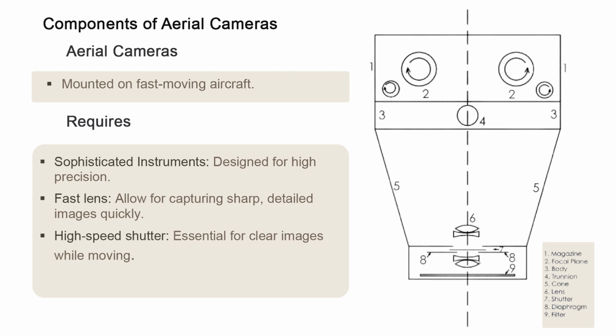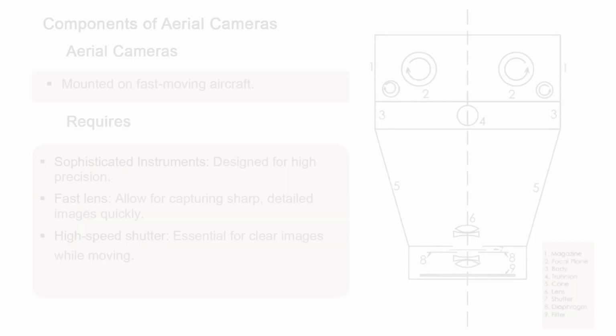Therefore, how should the camera be? The cameras used are sophisticated instruments with fast lenses, high speed shutters designed to capture sharp, detailed images quickly as they fly over the area, isn't it? Hence, the camera and the orientation of the camera axis is very important.